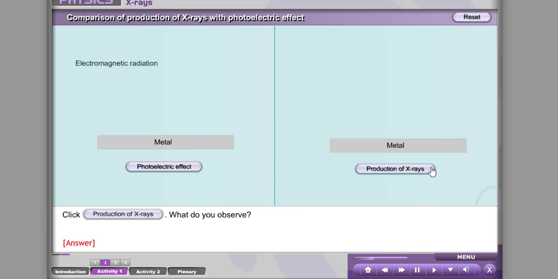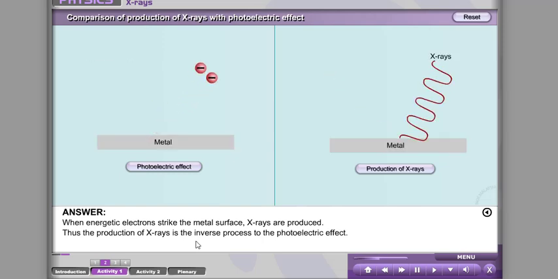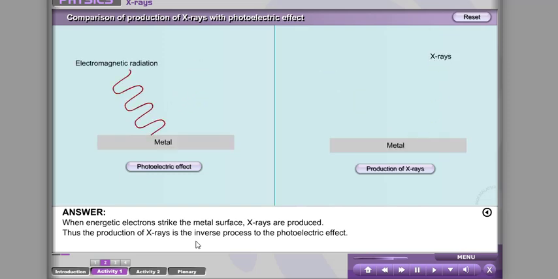Click the production of X-rays button. What do you observe? Answer: when energetic electrons strike the metal surface, X-rays are produced. Thus, the production of X-rays is the inverse process to the photoelectric effect.